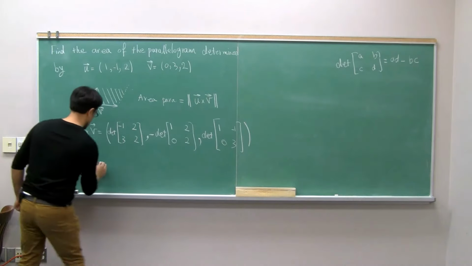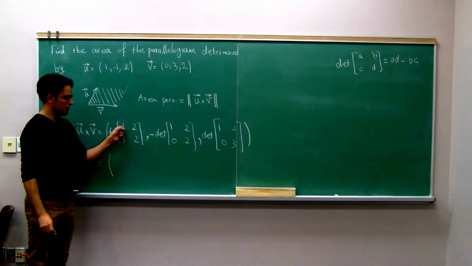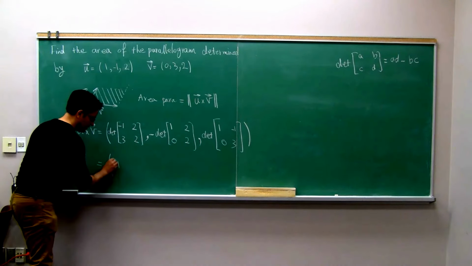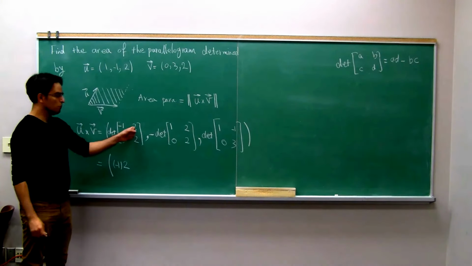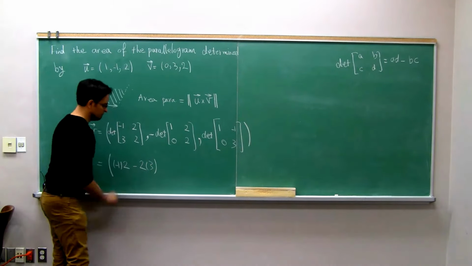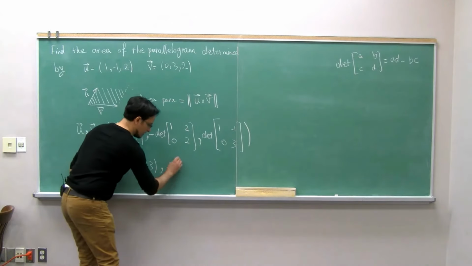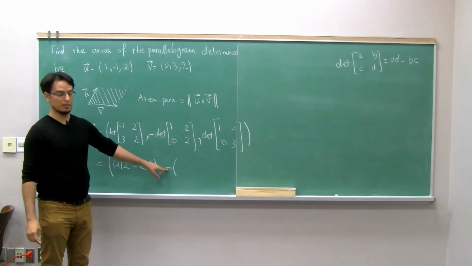So let's see what happens in this case. Diagonals are -1, 2, so I have -1 times 2 minus the off diagonal, 2 times 3. That's my first component. The second component, I have a negative sign. I'll keep that out.